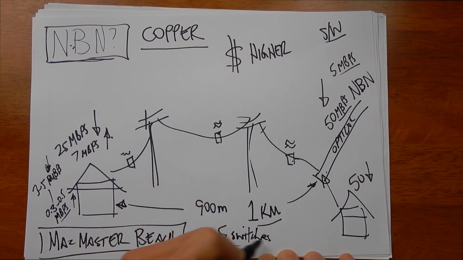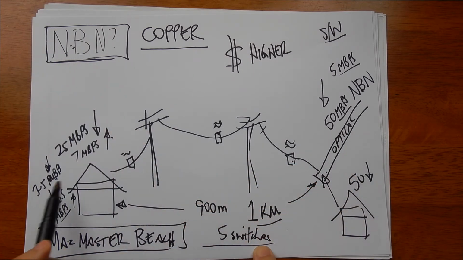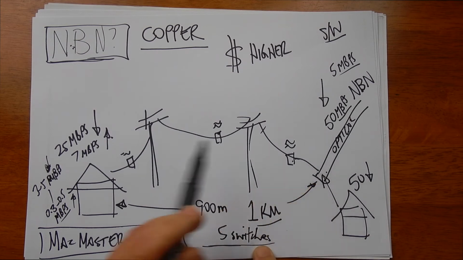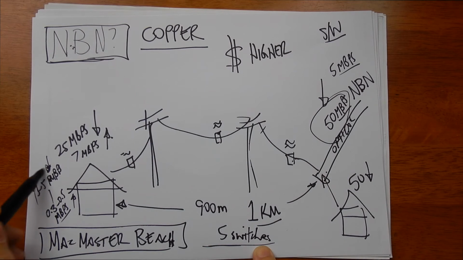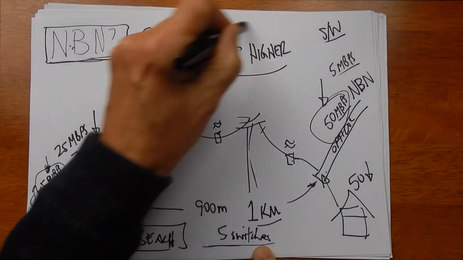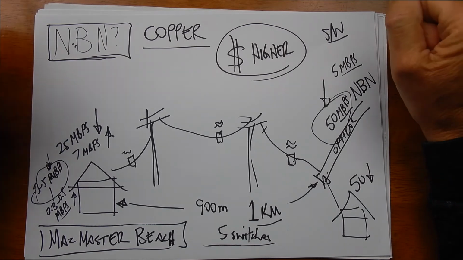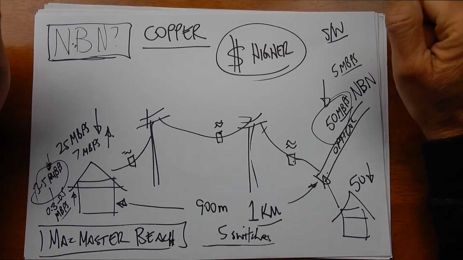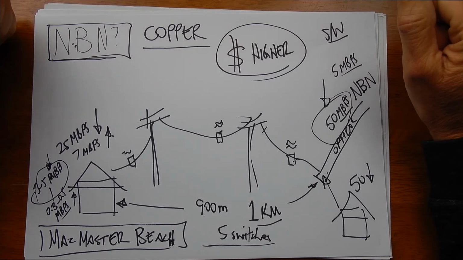So if any one of these switches builds up resistance, then NBN will automatically reduce the speed and the upload speed by a factor of 10 for what I'm paying at the higher amount, and I only get the low amount even though I'm getting charged the high amount. Is that fair? Are you experiencing that? I'd like to get your comments. Let's see whether we can get this resolved, not just for myself but for anybody else.